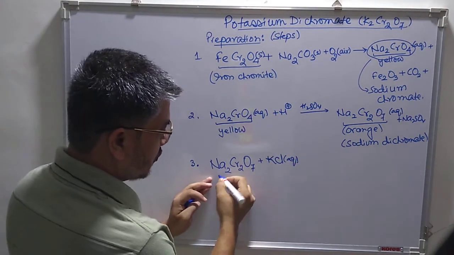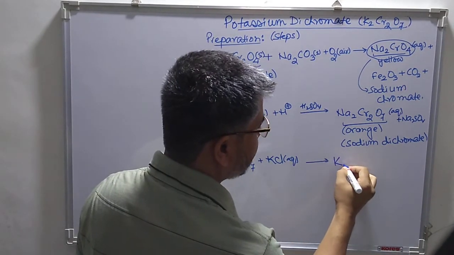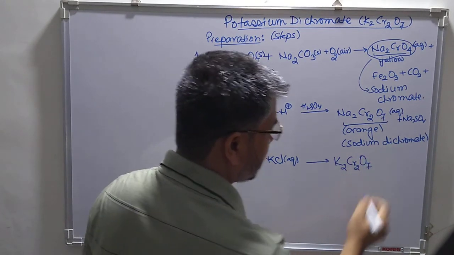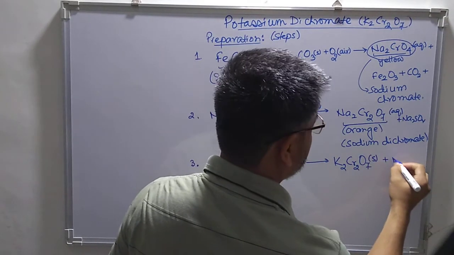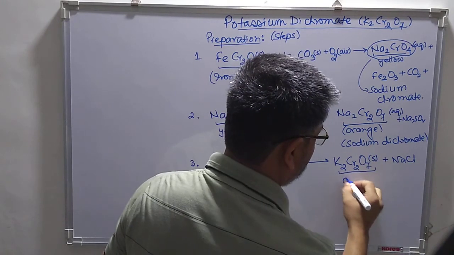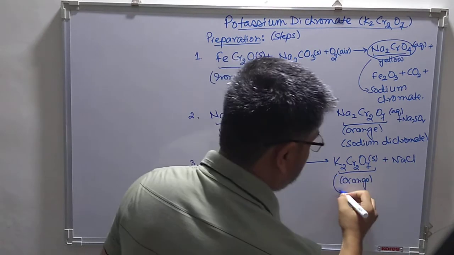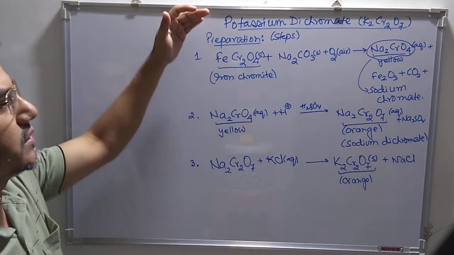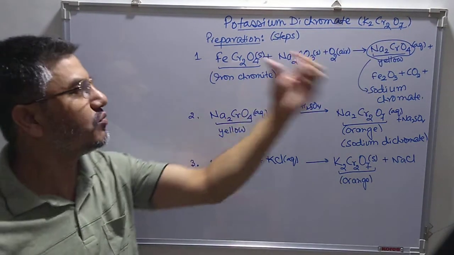This more soluble sodium dichromate is converted into less soluble potassium dichromate crystals. So crystals of potassium dichromate come out. This is the process involved in preparation of potassium dichromate from iron chromite.